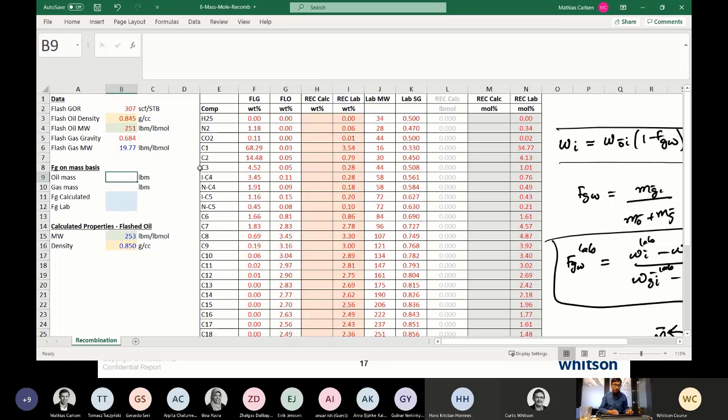So using 1 barrel of oil at the standard condition, surface conditions, the mass of the oil will be simply density times volume. So density is the flash oil density here, which is in gram per cc. So we multiply by 62.4 to convert it into lbm per cubic feet.